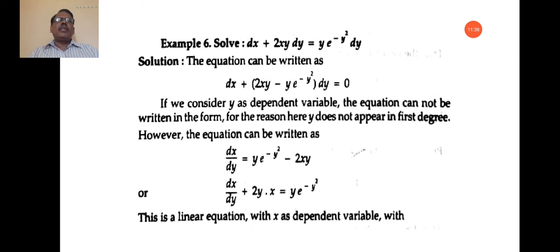So, you write this equation as dx by dy is equal to y into e to the power of minus y square minus 2xy, or dx by dy plus 2y into x is equal to y into e to the power of minus y square.